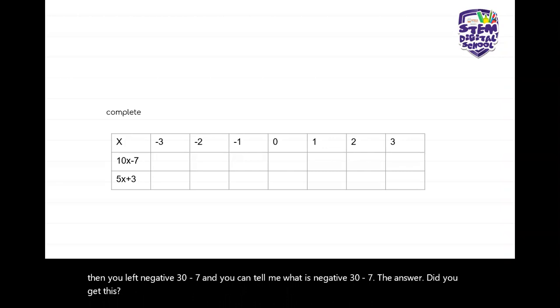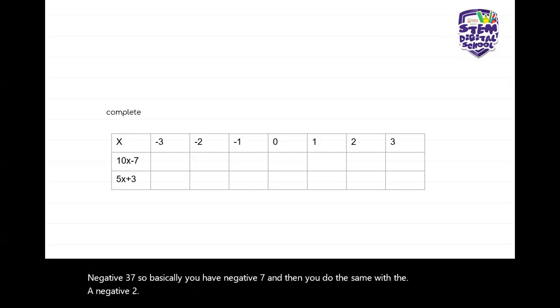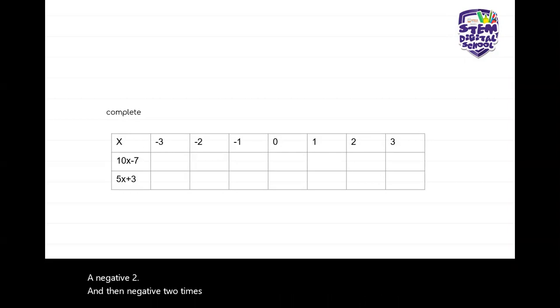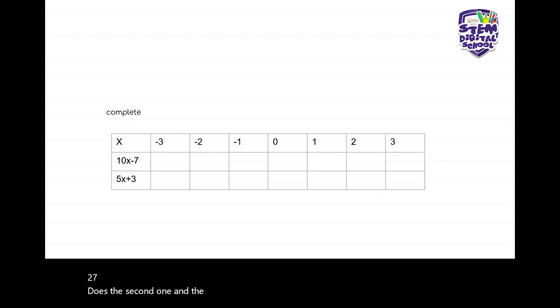So basically, you have negative 37, and then you do the same with negative 2. Negative 2 times 10 is negative 20, so you'll have negative 20 minus 7, and of course this is negative 27. That's the second one. And the third one, you again use the expression 10x minus 7.